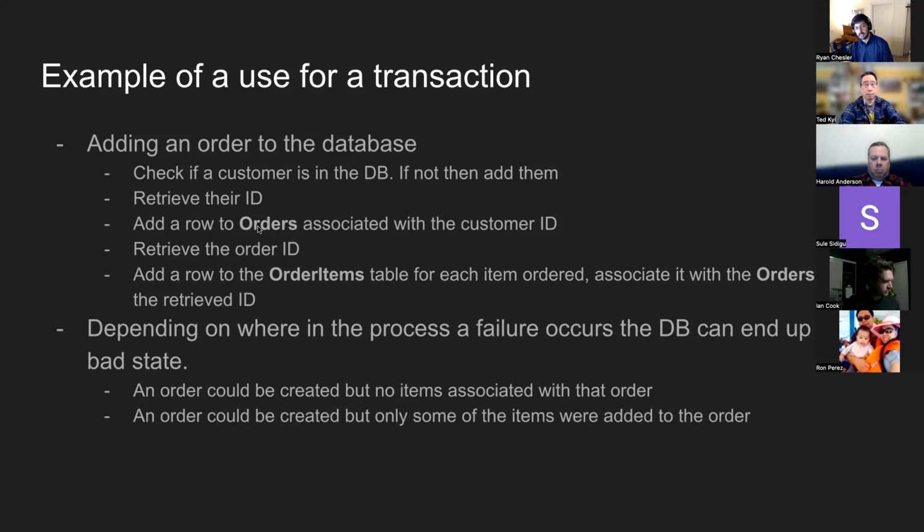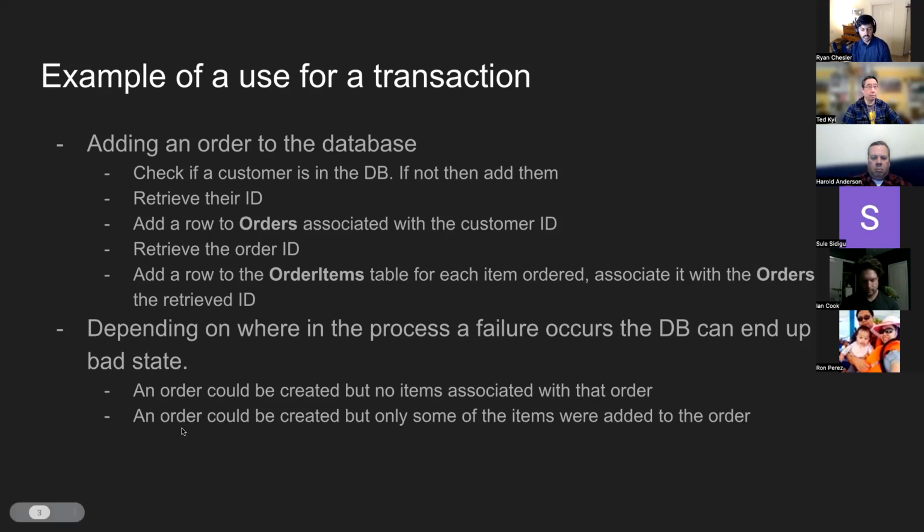And so what happens there is now you have an order ID that is not associated with any item. So you just have a blank order. And that might be okay, but you don't probably want that. You probably want those items guaranteed to be associated with that order. And so you want to make sure that that final step happens.